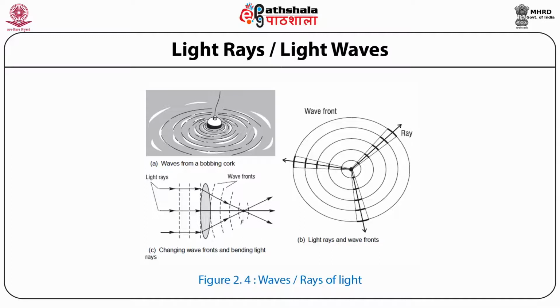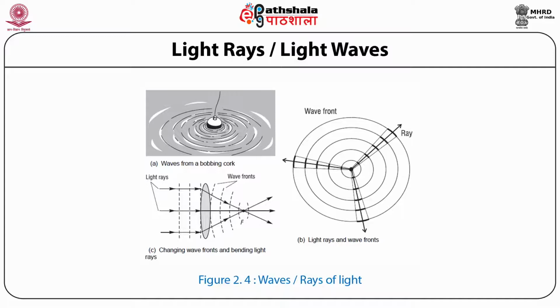In the other part of this diagram, it shows plane wave fronts of light bent by a lens to a circular shape, which can be spherical in 3 dimensions, and therefore we have wave fronts that converge onto a focal point. The same diagram shows that the light rays corresponding to these wave fronts are bent by the lens to pass through the same focal point.